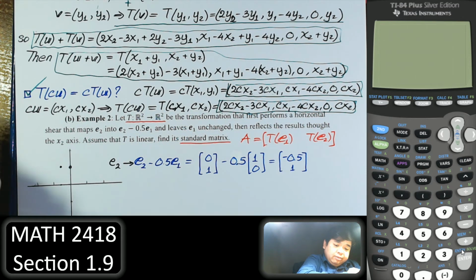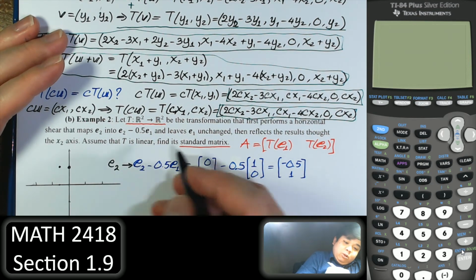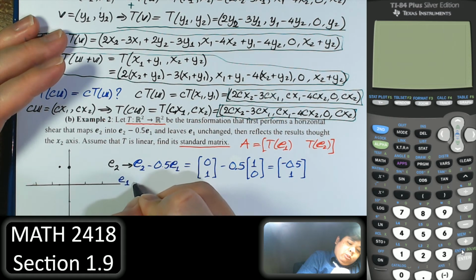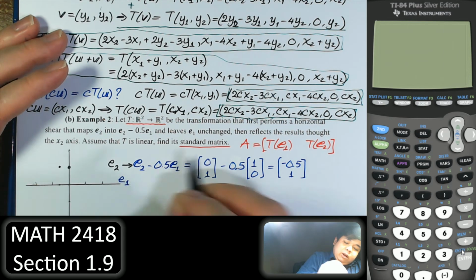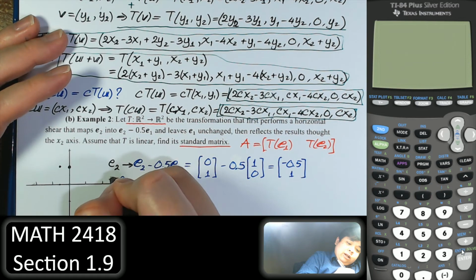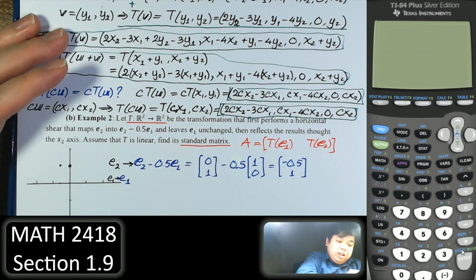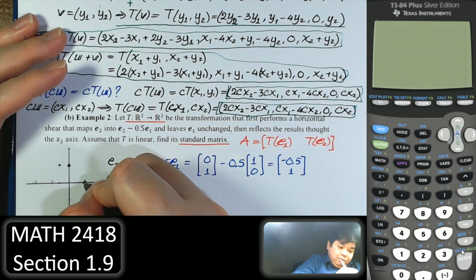Right? After that, the point E1 we map to E1, unchanged.